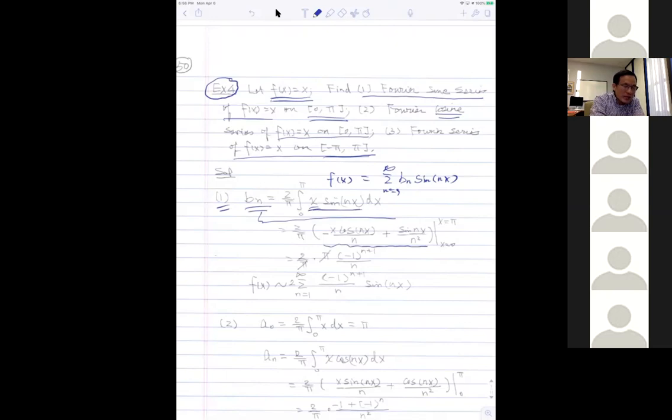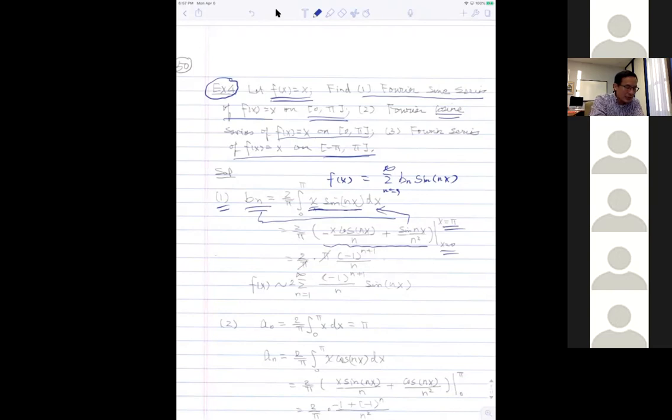When you double check an integration by parts formula, what you need to use is the product formula for derivative. You calculate the derivative of this, and then you should get this integrand here. Then you find the difference from 0 to pi, and that is the integral. So that is how you find Bn.